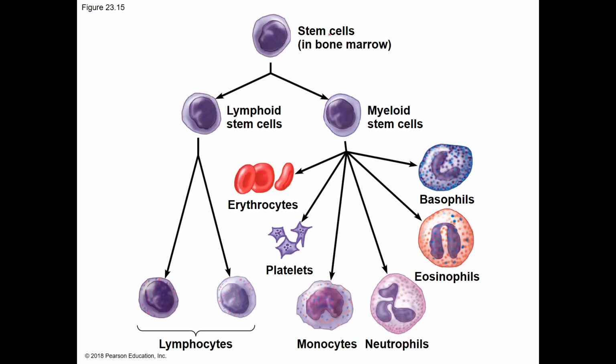Stem cells are unspecialized cells that are made in the bone marrow, and as they divide, they can give rise to two different types of cells. They can create lymphoid stem cells or myeloid stem cells, and those lymphoid stem cells will reproduce and divide to create lymphocytes.